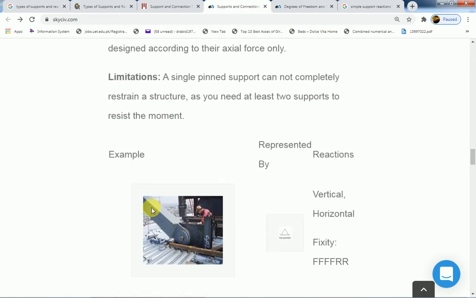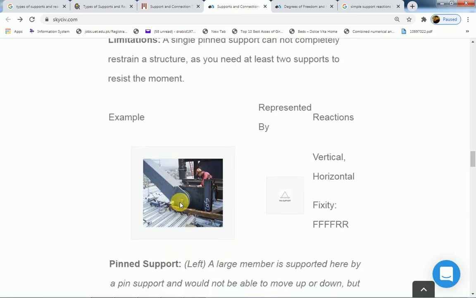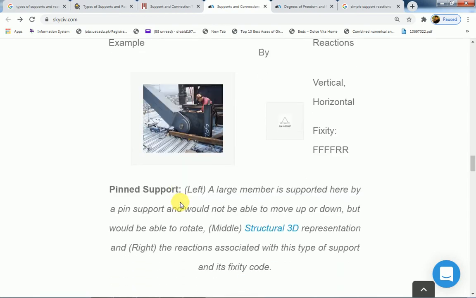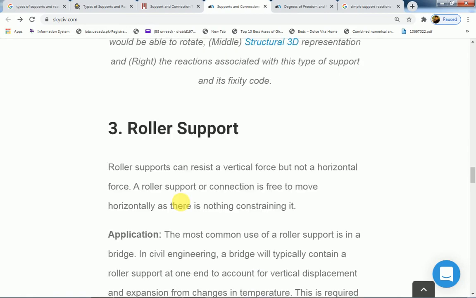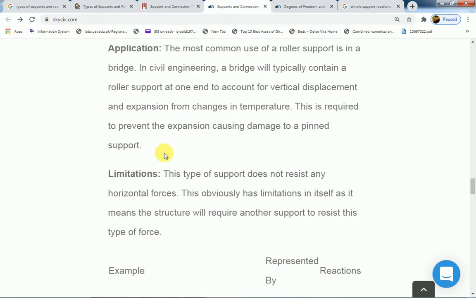For example, it is the main rod of any crane or any loading member. It is pinned here, and this arm can rotate about this pin. It cannot move vertically or horizontally, but this link can rotate about this pin. So this was the pin support, and the third one is roller support.